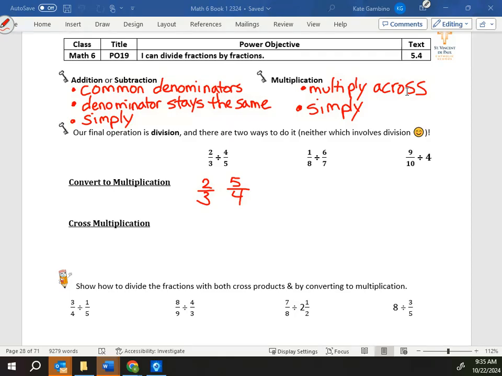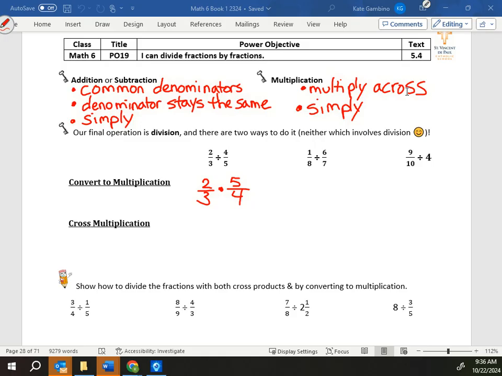So the first fraction stays the same. We flip our second fraction to the reciprocal. And because we're flipping, what do we flip dividing to? Maddie? Multiplying. So when you flip dividing to multiply, you flip that second fraction. First fraction stays the same.